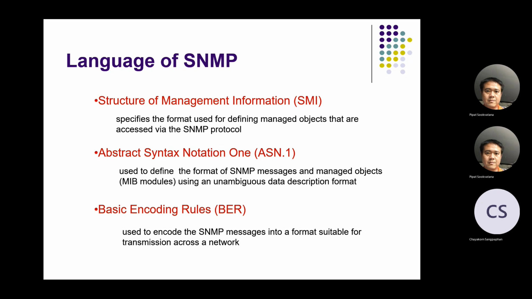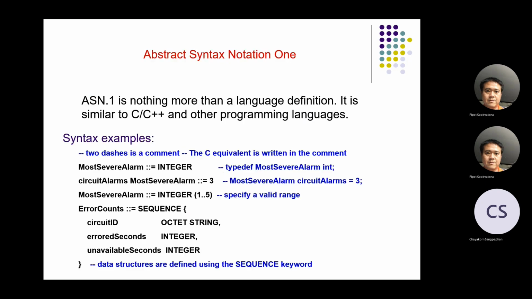Okay, so we create the data structure. Let me show you some examples. ASN.1 is normally a logical language that we define, like C and C++, using ASN.1 logic as well to create data structures.